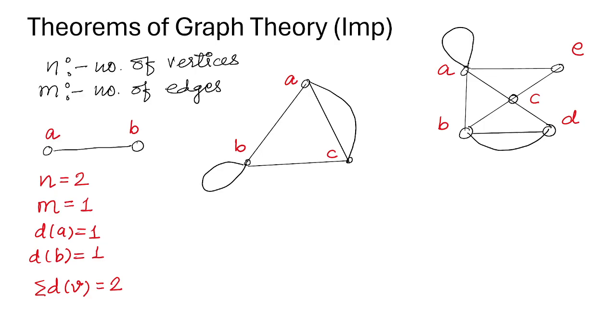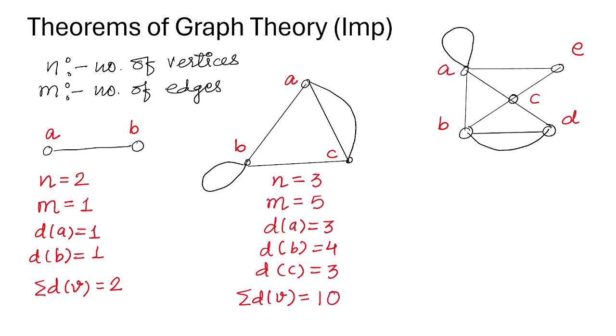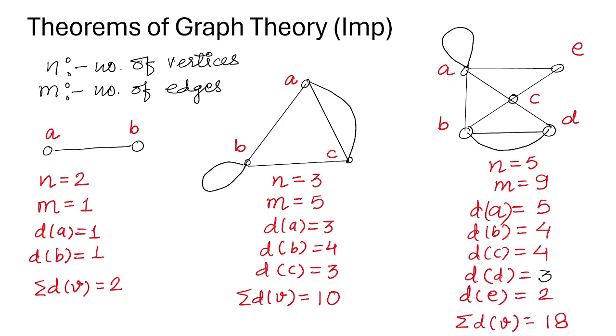The same for the second graph: order is 3, size is 5, degrees of A, B and C are 3, 4 and 3 respectively, and the total degree is 10. For the last graph, the order is 5, the size is 9, the degrees of A, B, C, D and E are 5, 4, 4, 3, 2, and the total degree is 18.